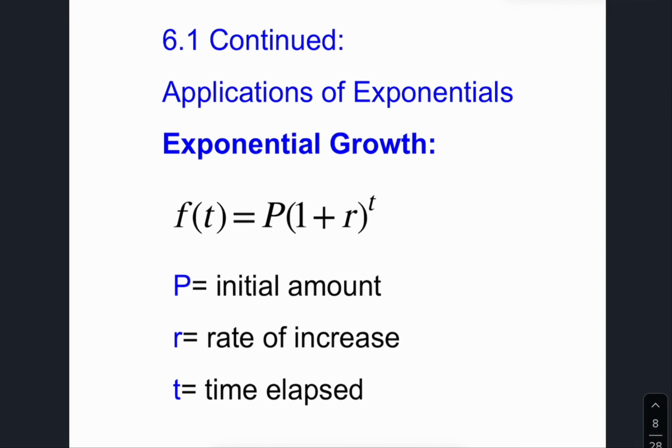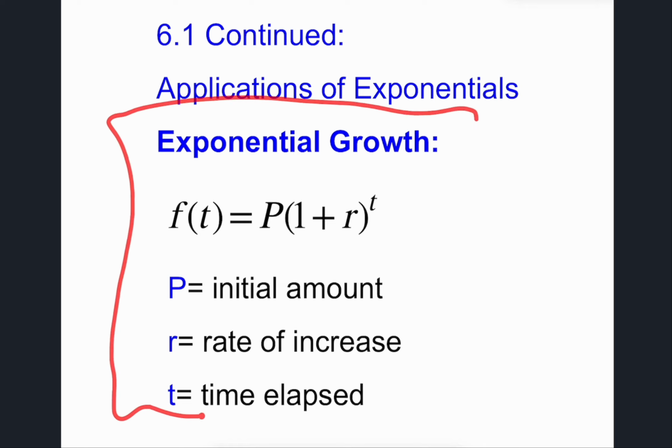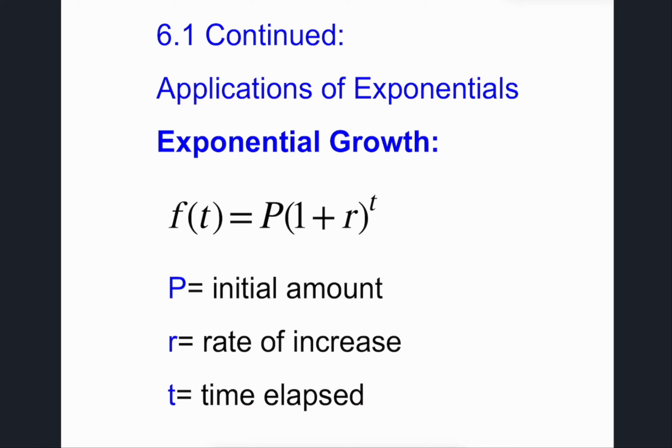Now let's talk about 6.1, some of those word problems we were talking about. This is an example of an exponential growth. You'll see it has that plus there. P is our initial amount. R is the rate of increase. Usually they're going to give that as a percent.